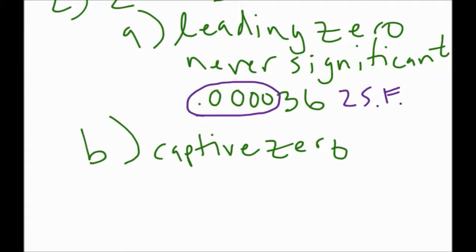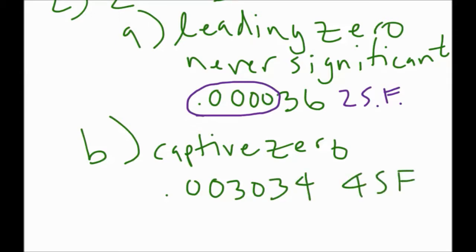So for example, the number 0.003034 has 4 sig figs in it. Again, these leading zeros are not significant. This zero that's in between two non-zero numbers is significant. So if we're doing our counting here, that's 1, 2, 3, 4 significant figures.